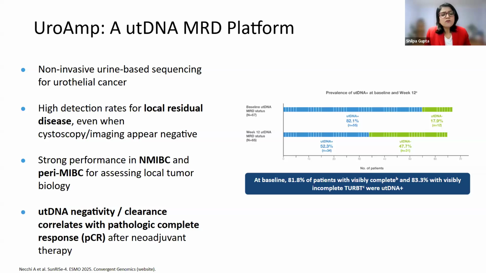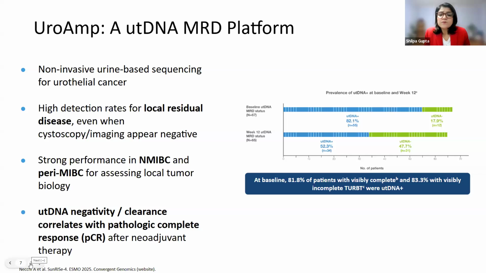And it has shown a strong performance in non-muscle invasive bladder cancer, as well as perioperative settings in MIBC for addressing local tumor biology. And the urine tumor DNA negativity or clearance correlates with pathologic complete responses after neoadjuvant therapy. And we also saw this in the Sunrise 4 at ESMO.